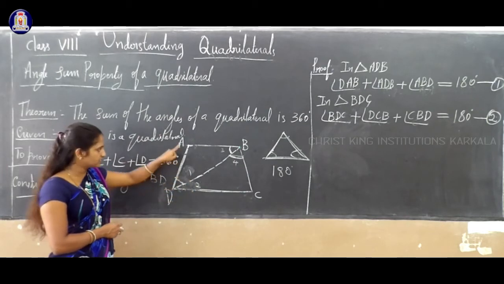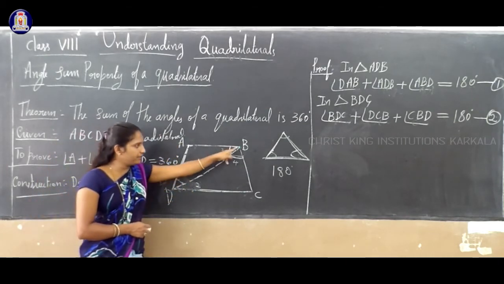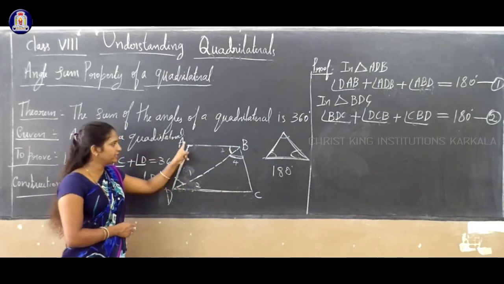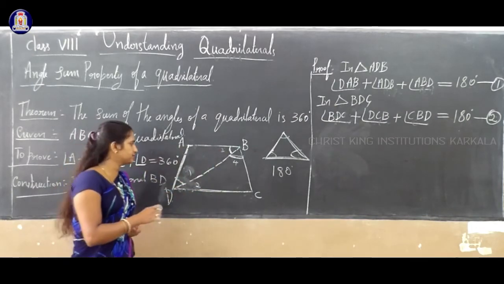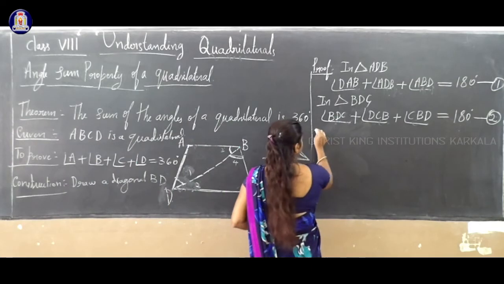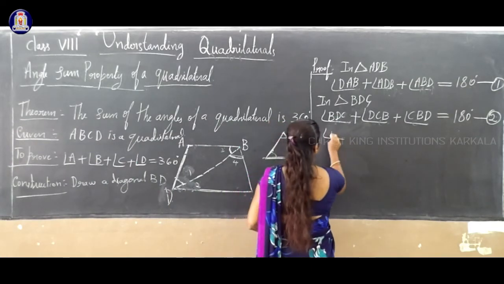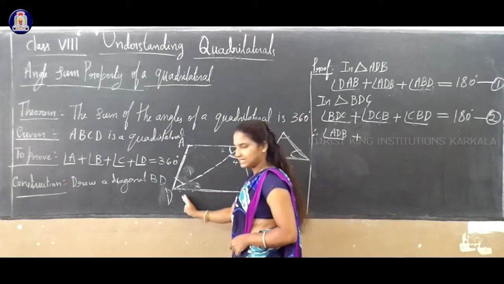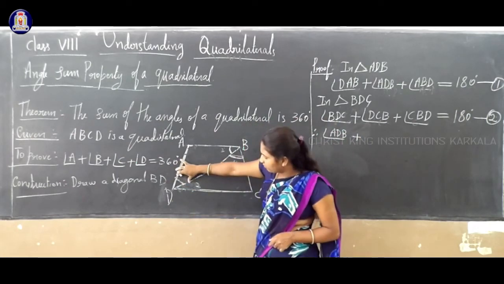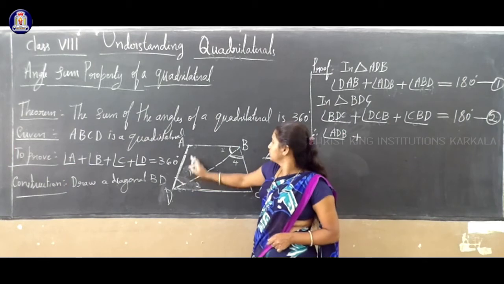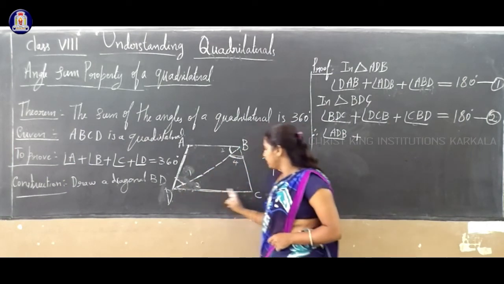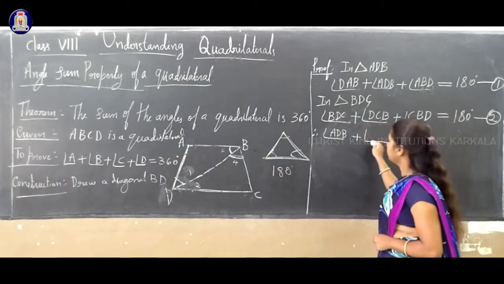So that means we get ADB plus BDC. Therefore, what we get? Angle ADB. Correct? To get the full angle D, you have to add this half angle D and half angle D. Clear? So that is ADB plus BDC, or we can say CDB. Okay?